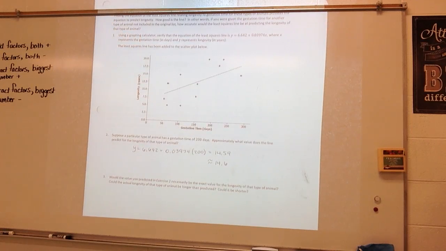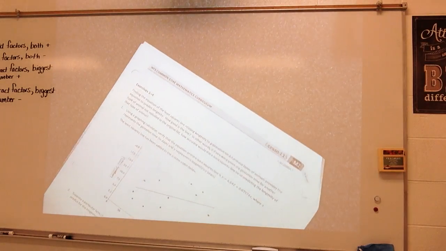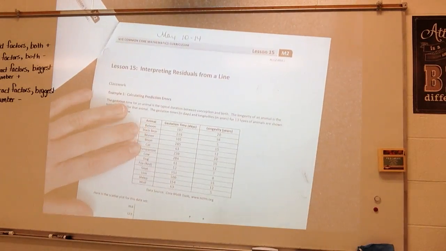Would the value you predicted in exercise 2 necessarily be the exact value for the longevity of that type of animal? Well, we don't know. We don't expect the longevity to be 14.6 years, because let's go back and look.